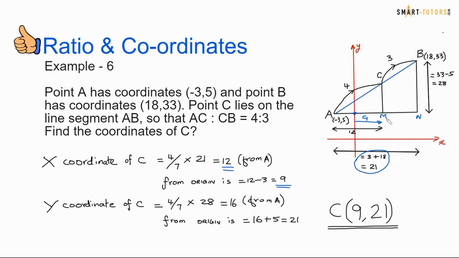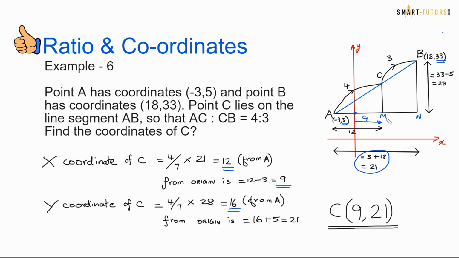For the y coordinate of C, first of all, this is 33. Take away the 5, the length is 28, this length BN. So y length is 4/7 again times 28. 4/7 is the total parts. So 4/7 of 28 gives 16.